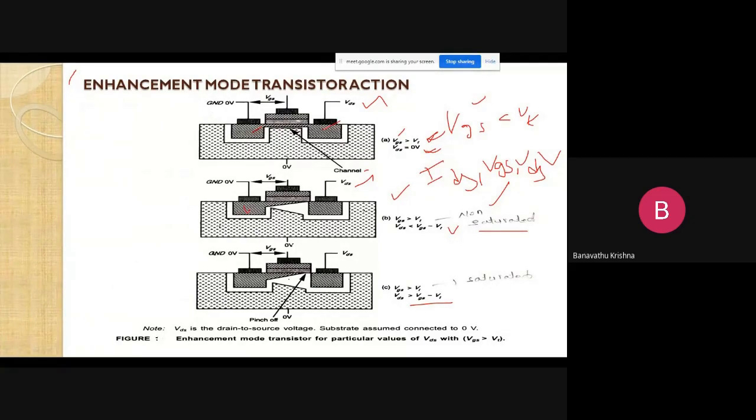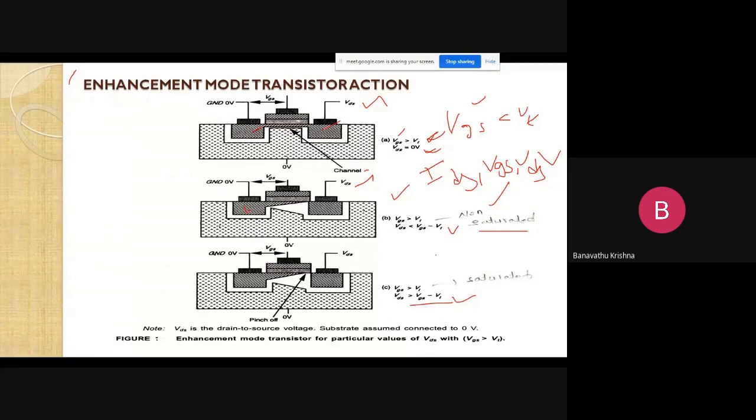Due to the IR drop across the channel, the channel length is reduced, and the width is also reduced due to the maximum voltage drop near the source, and charge inversion occurs across the drain region. Due to this effect, the device is saturated. The device is in saturation condition, where VDS is greater than VGS minus VT.